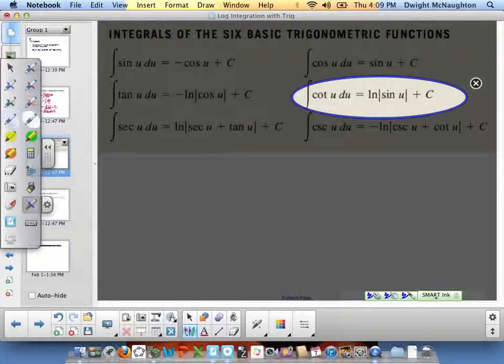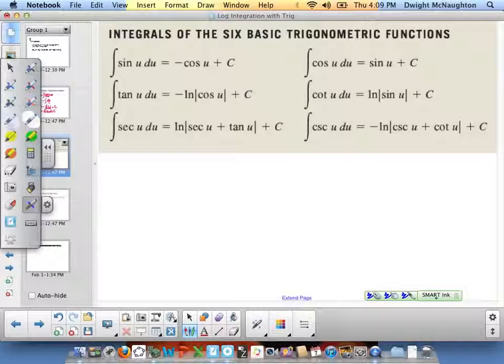Now the method for secant to find that one is quite long and involved. Suffice it to say, the antiderivative of secant is the natural log of secant plus tangent. And vice versa with cosecant. Take a look in your books. All textbooks will have those examples. You can kind of follow through them.